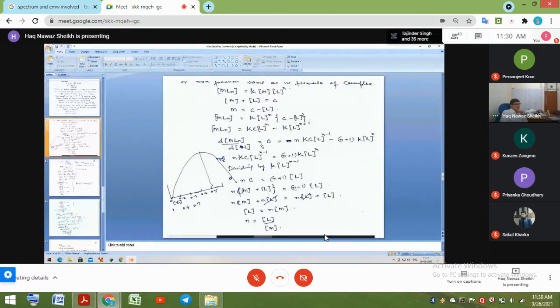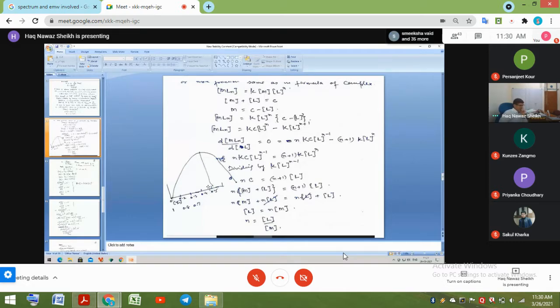For any curve which goes up first and then drops down, the position of the maximum can mathematically be represented by the fact that the slope is zero at the maximum of the curve. The slope is given by dy by dx. dy means what is plotted on the y-axis, and dx is what is plotted on the x-axis.